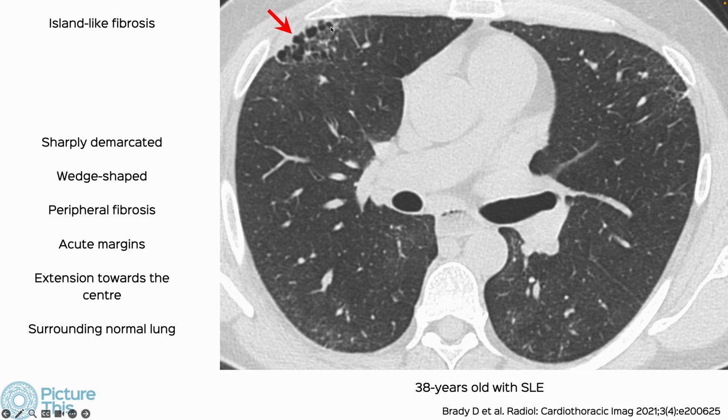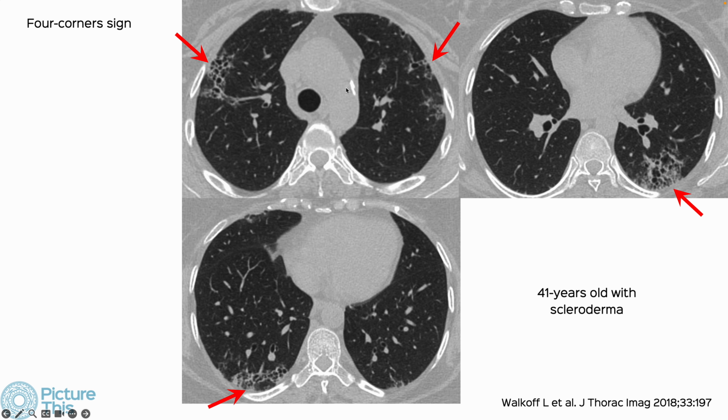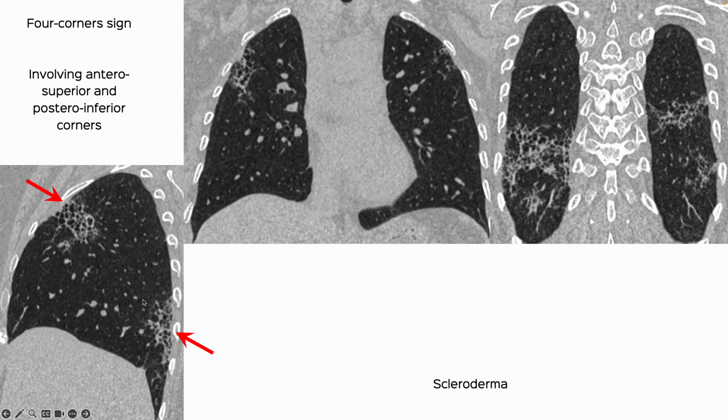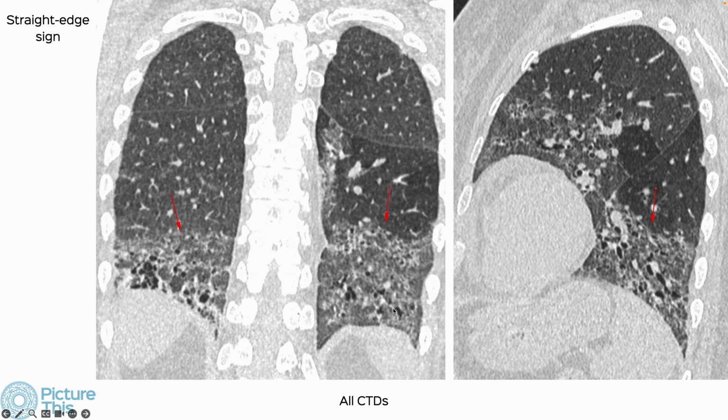This is like a UIP pattern, but the very sharply demarcated, triangular shaped, as if this was the result of a prior infarct. And this is what we get with the vasculopathic CTDs such as SLE and scleroderma. And when we get island-like fibrosis in 4 corners, anterosuperior and posterior-superior, as you can see here on the sagittal images, then the 4 corners sign again tells us that there's underlying connective tissue disease.